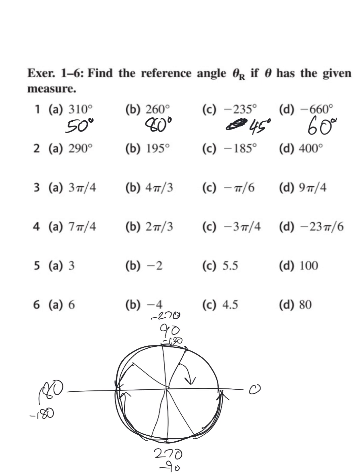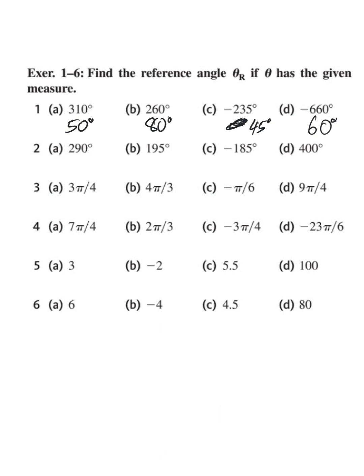Now 290. I'm going to erase this and just put a generic circle up here with the numbers here. So we'll go 90, 180, 270, and 0. And then also backwards, negative 90, negative 180, and negative 270. Okay, there you go. Now, 290 degrees, that's 20 degrees past 270, which means to 360 is 70 more degrees.